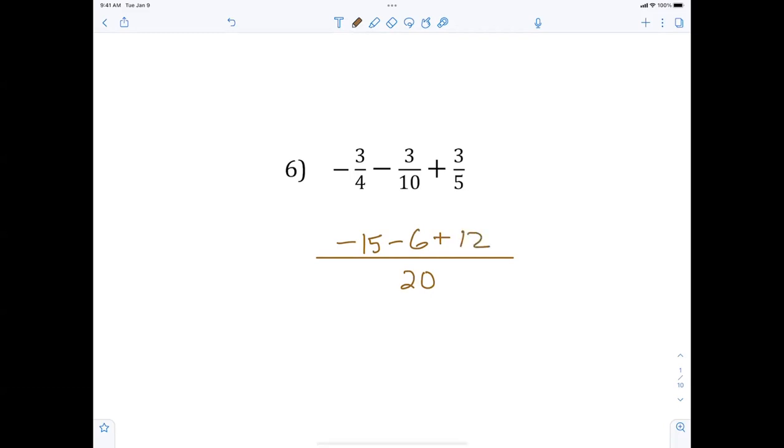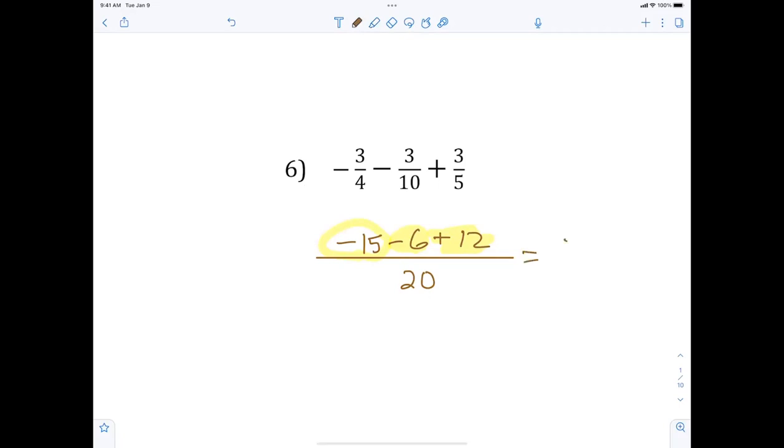Yes, there we have it. And then you do 6 plus 12, or what's that? 18. No. What is that? Oh, negative. So what's 12 minus 6? Just 6. Yes, and then 15. So -15.